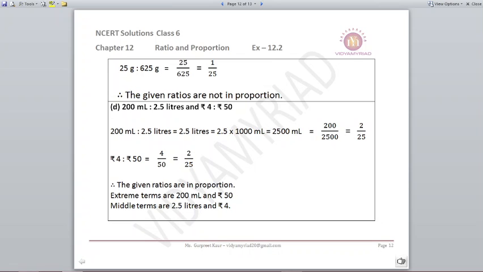Now our ratio becomes 200 is to 2500, which comes out to be 2/25. In the next case, we have 4 rupees and 50 rupees. Converting it, it is also 2 is to 25. The ratios are in proportion. So the extreme values are 200 milliliters and rupees 50, and the middle terms are 2.5 liters and rupees 4.